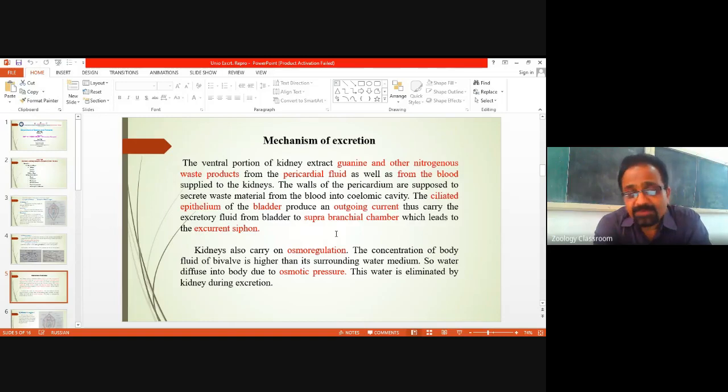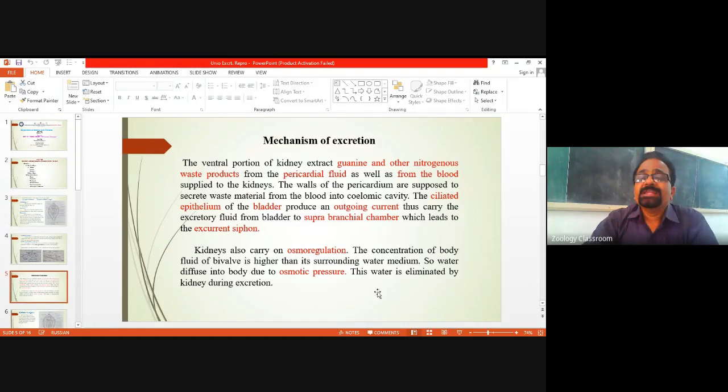But in freshwater animals, getting rid of the excess amount of water is the problem. As we are studying the freshwater bivalve, water tends to flow from the surrounding medium into the body of the bivalve. So there is a requirement for removal of this excess water.